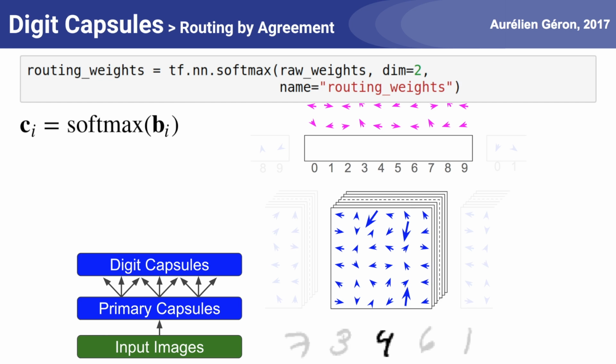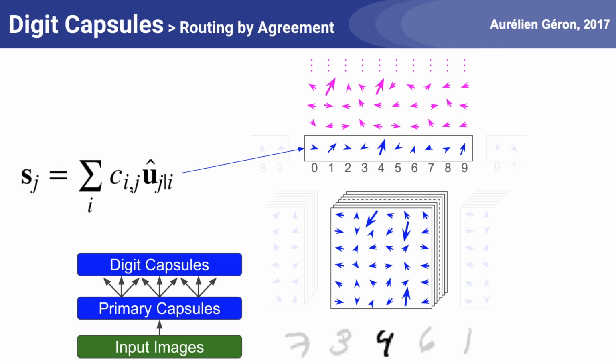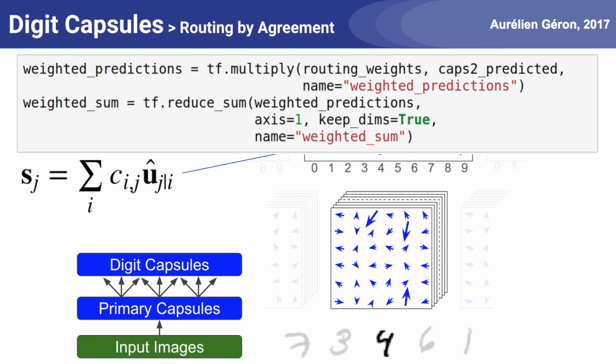Next, we compute the softmax of each primary capsule's 10 raw routing weights. Okay, so softmax happens along this dimension. Next, we compute the weighted sum of all the predicted output vectors for each digit capsule using the routing weights. So the weighted sum is along this dimension. This is pretty straightforward TensorFlow code. First, multiply the routing weights and the predicted vectors.